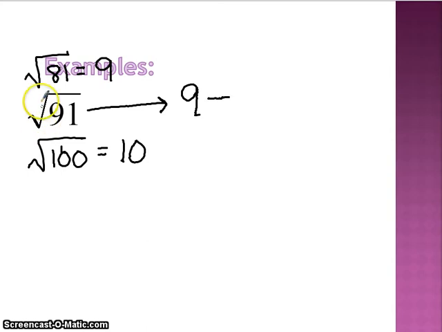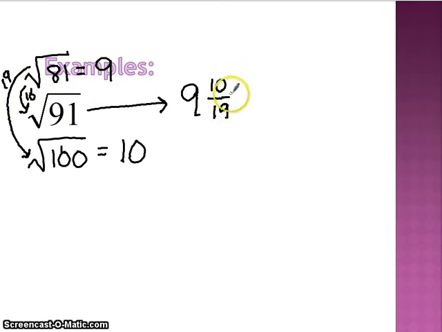How many more is 91 than 81? It's 10 more. And how many more would it need to be to get to 100? It would need to be 19 more. So we could say that the square root of 91 is about 9 and 10 out of 19.